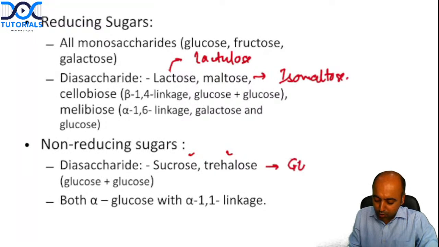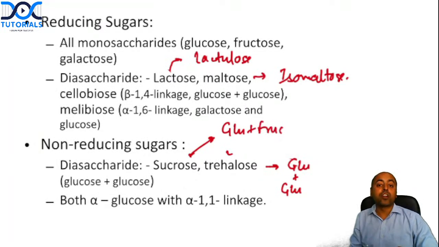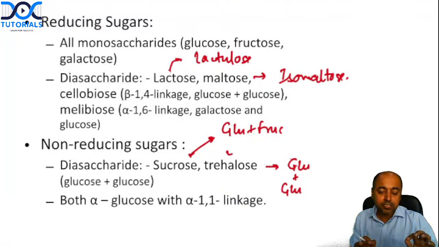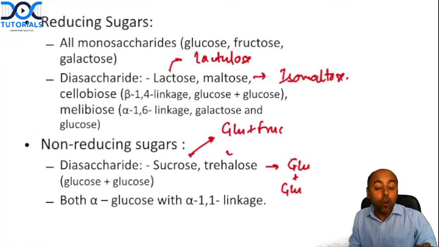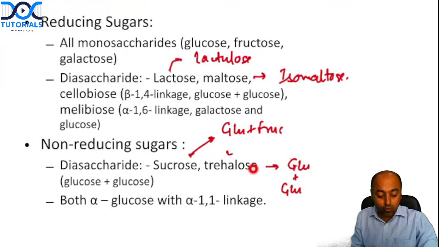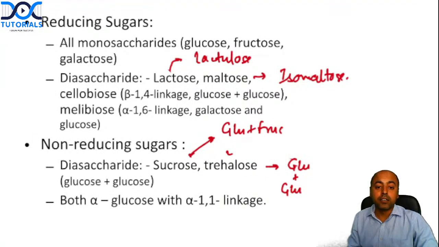Trehalose is made up of glucose plus glucose, whereas sucrose is made up of glucose plus fructose. So the common disaccharides reducing in nature are lactose and maltose, and the common disaccharides which are non-reducing in nature are sucrose and trehalose.